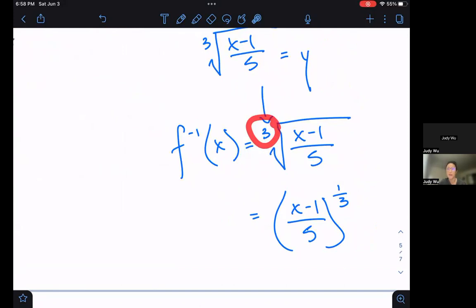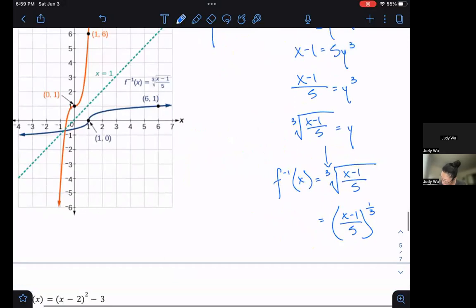Okay, this odd root means that I can put any kind of number in here. I can have positive numbers, negative numbers, zero, and that's fine. Okay, but also, even though I have a fraction, the variable is not in the bottom. So I don't have any special cases where I'm potentially dividing by zero and causing some problems, okay? And so that's why the domain for this one is going to be from negative infinity to positive infinity.